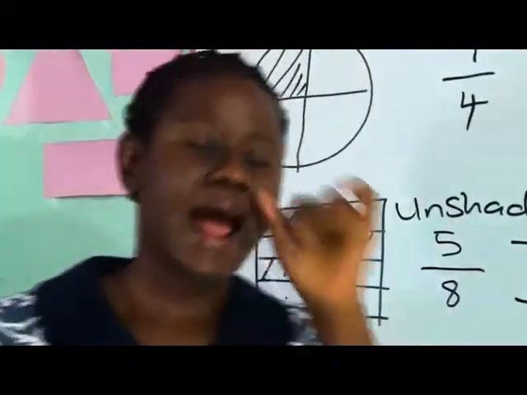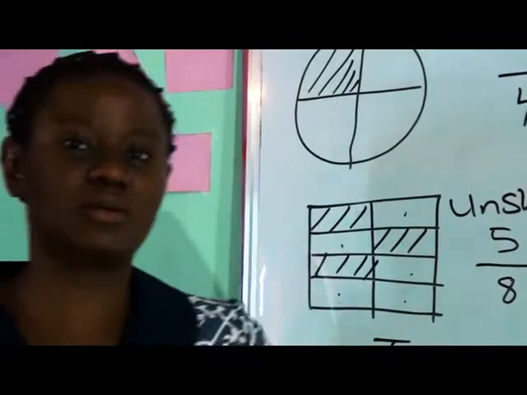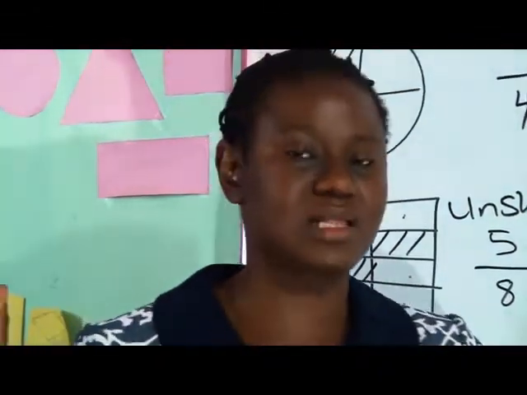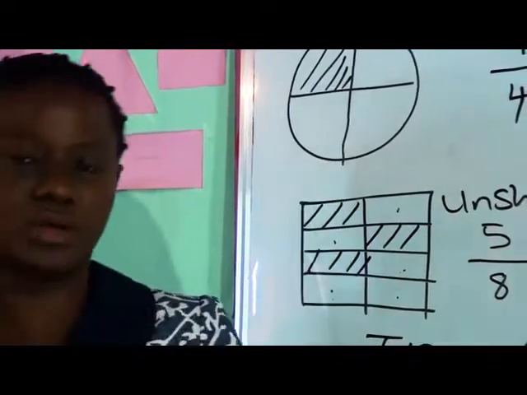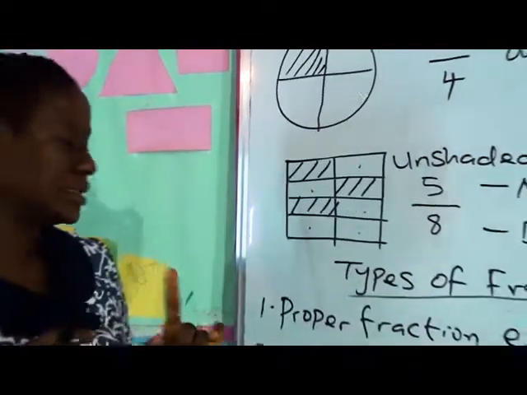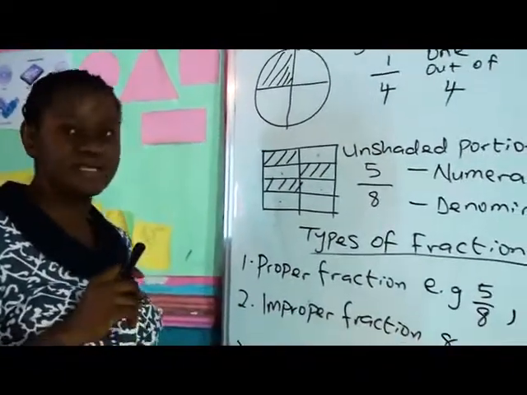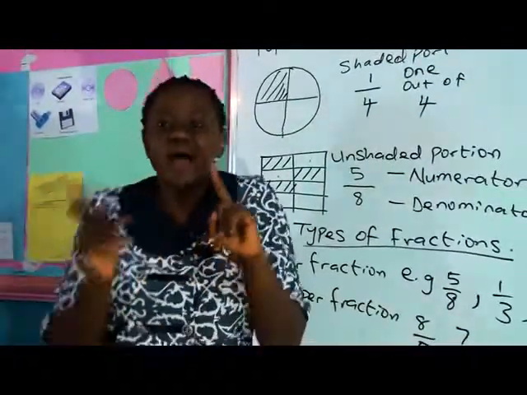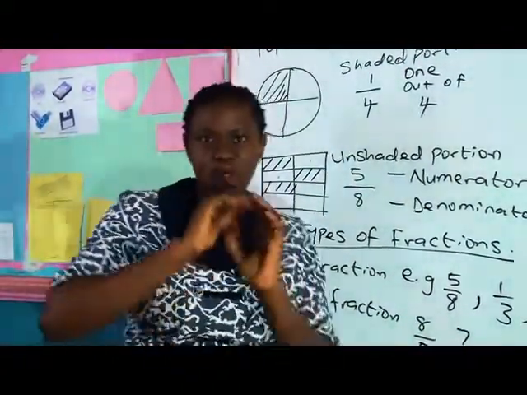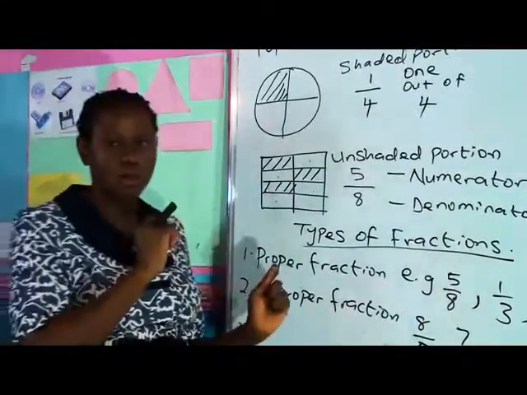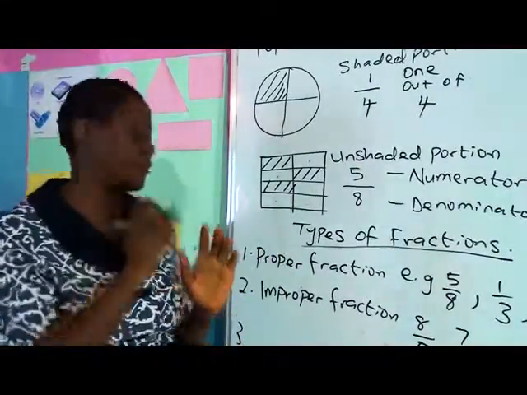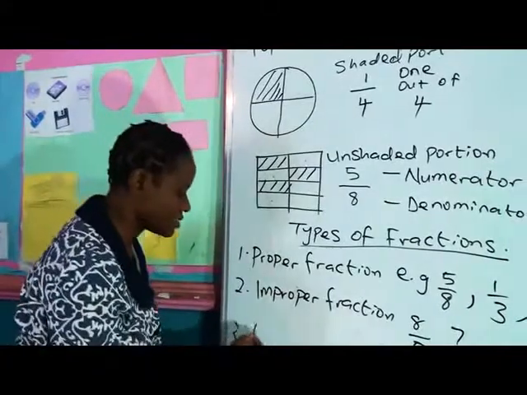I said we're going to be applying the knowledge of what we have learned in the previous lessons in this lesson. We've learned whole numbers, and in a mixed fraction we have a whole number together with a proper fraction.